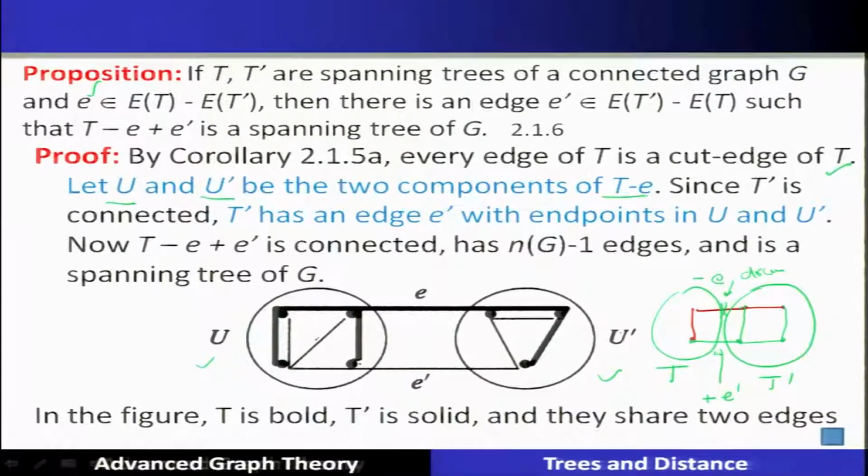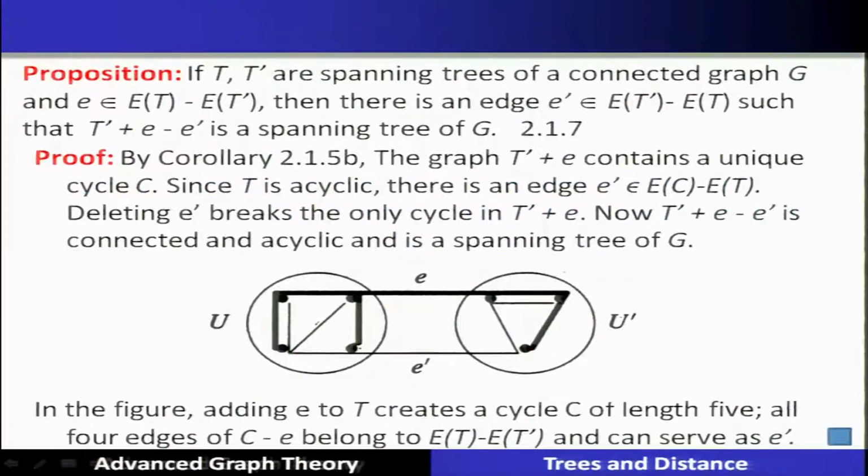Now since T prime is another spanning tree, T prime is connected, so T prime has an edge E prime with end vertices in U and U prime. So if we add E prime to T minus E, this graph will be connected and also has n minus 1 edges. Why? Because one edge is removed and one edge is added, so the number of edges is still n minus 1, and the graph is a spanning tree.